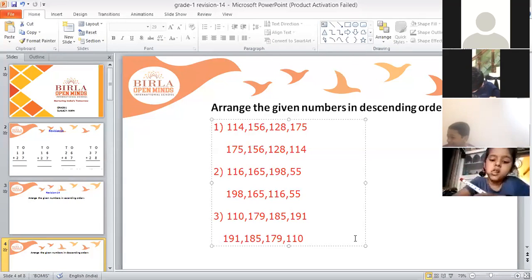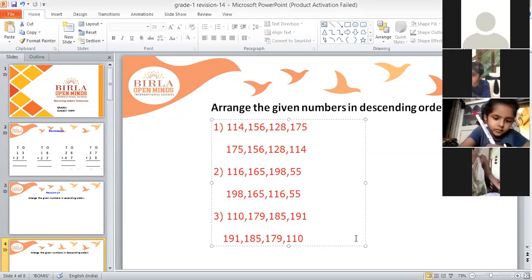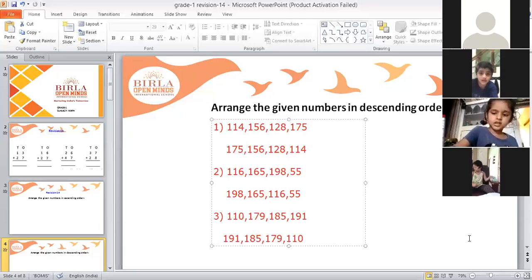Yes, children, write down this. Okay, is there anyone who is still writing? If there is no one, I will clear all this. Again I'm asking, is there anyone who is still writing? Siddharth, write fast.